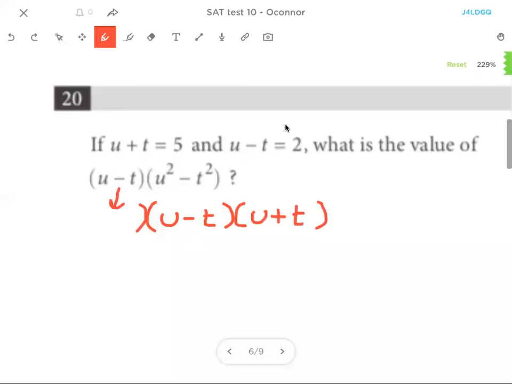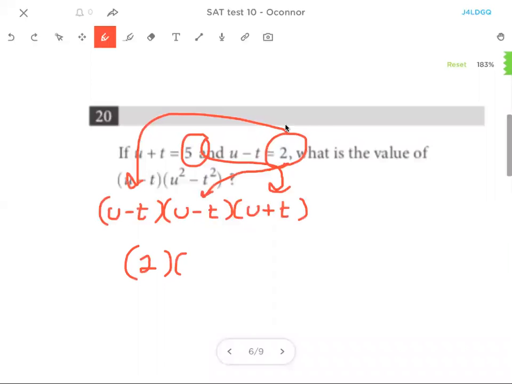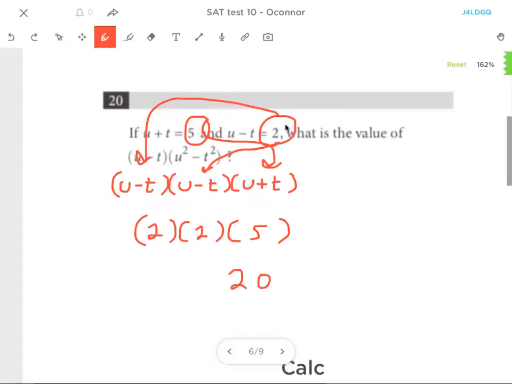And then we have, of course, that u minus t out in front. So if we factor that, now it says u plus t is equal to 5. That's going to go in there. U minus t is equal to 2. That's going to go there and there. And so the answer is 2 times 2 times 5. So 4 times 5 is 20.